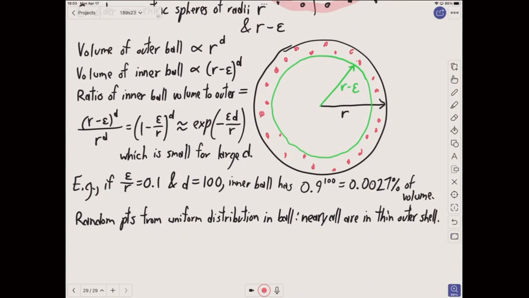And if you take random points from a normal distribution, not in a ball, but a normal distribution covering the entirety of R^d, then nearly all the points are again in a thin shell.